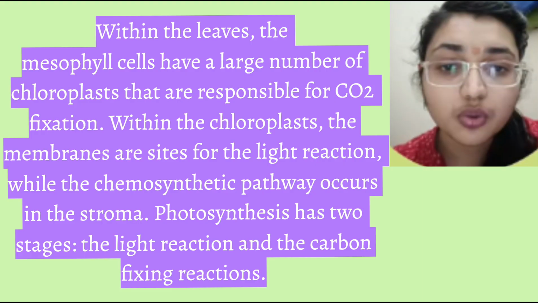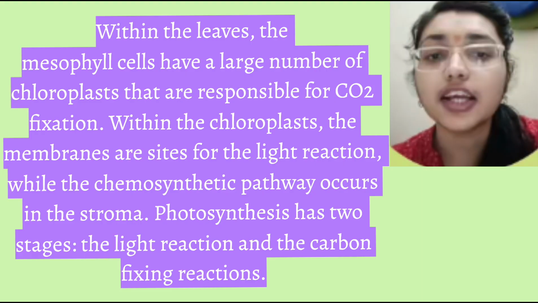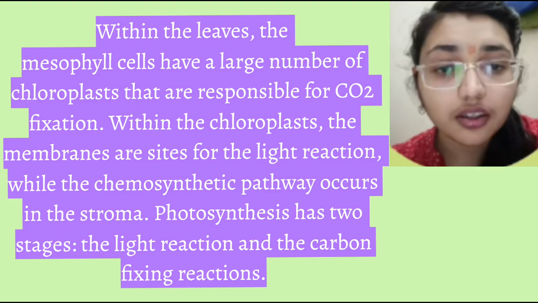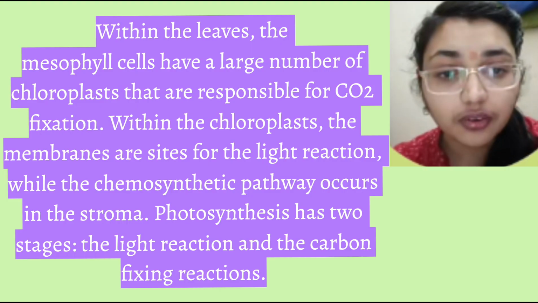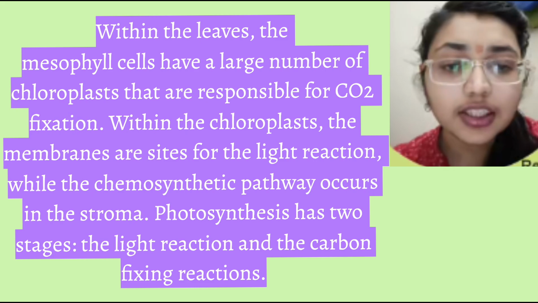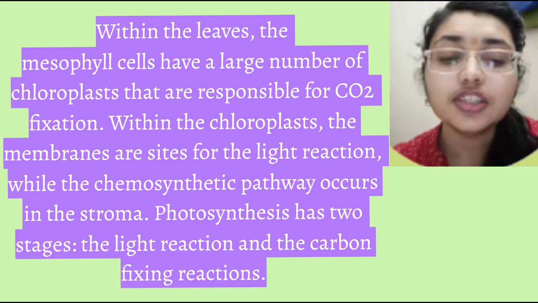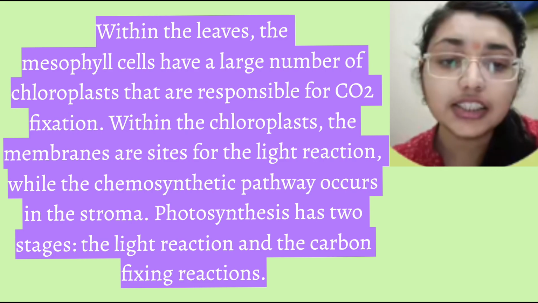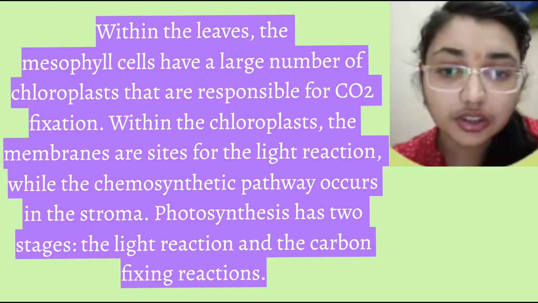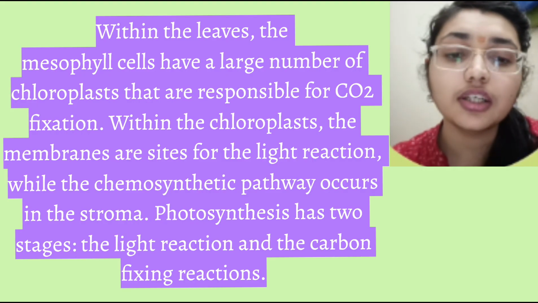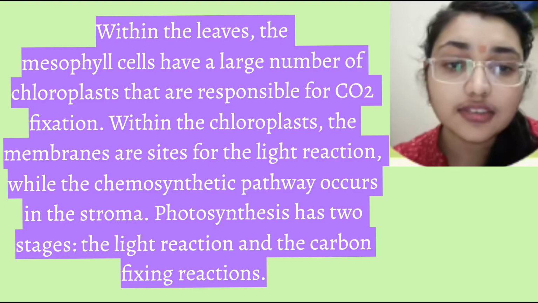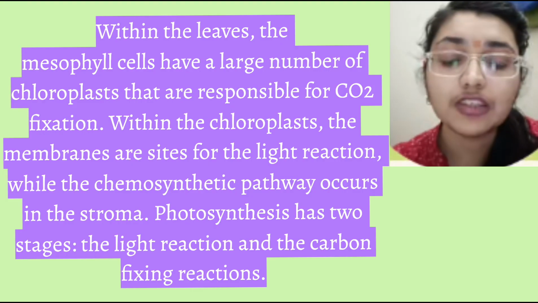Photosynthesis has two stages, the light reaction and the carbon fixing reactions. In the light reaction, the light energy is absorbed by the pigments present in the antenna and funneled to special chlorophyll a molecules that are the reaction center chlorophyll, and these are in the two photosystems, PS1 and PS2.